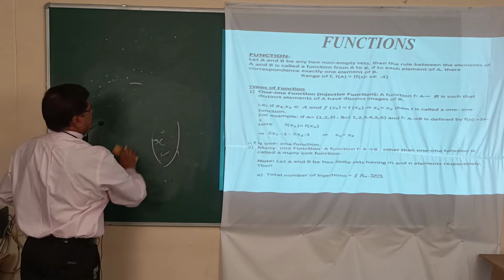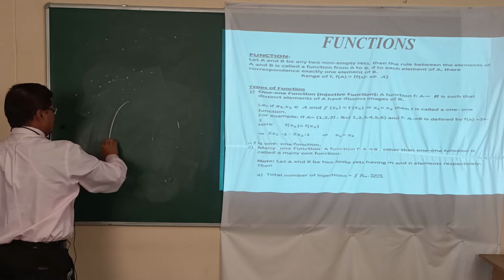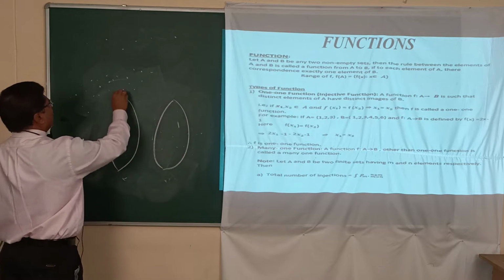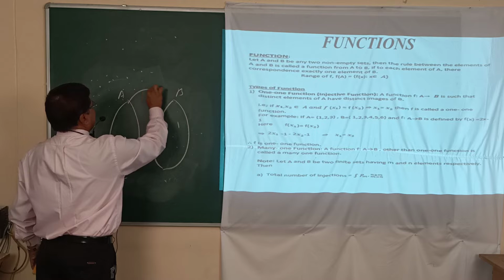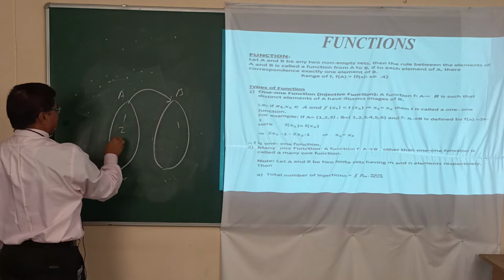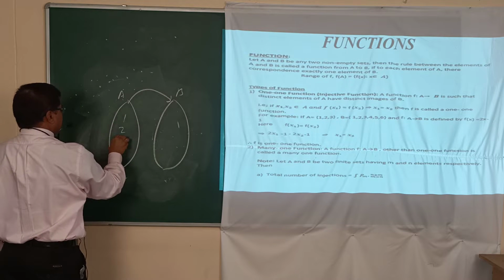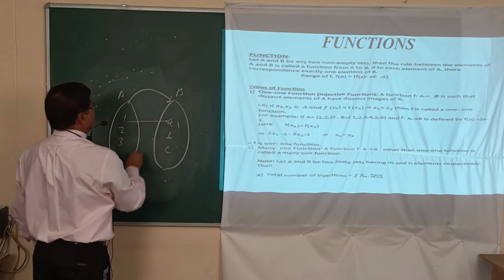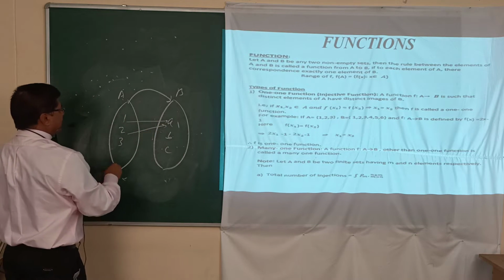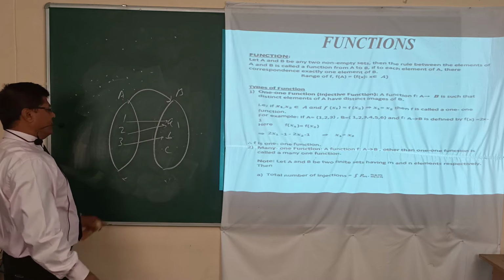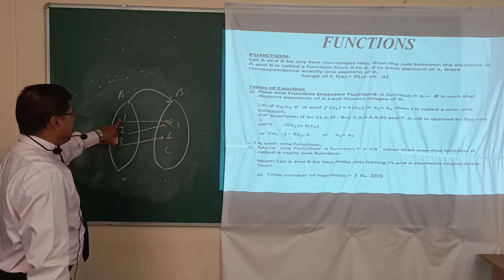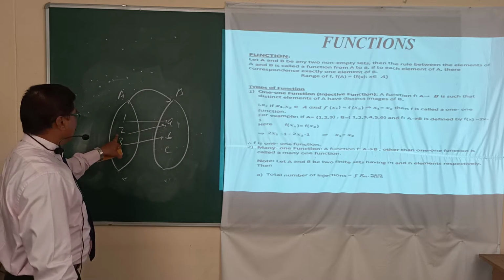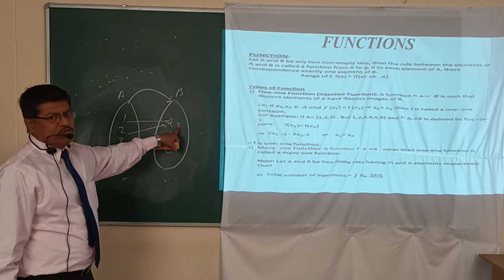Take one more example here. You see, one or more members of set A can be related with one member of set B. 1 is related to A, 2 is also related to A, and 3 is related to B. So the image of 1 is A, and the image of 2 is also A. This is possible.